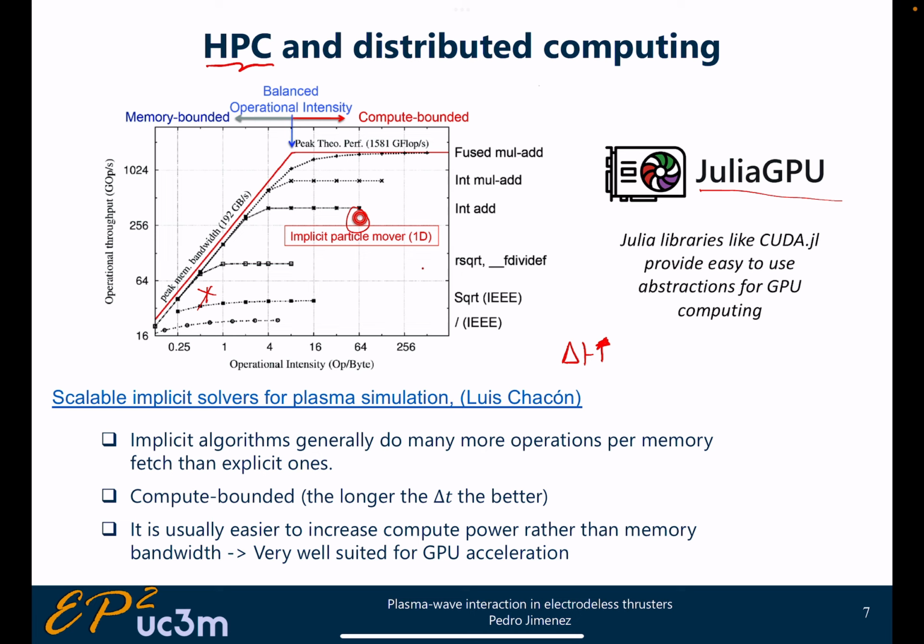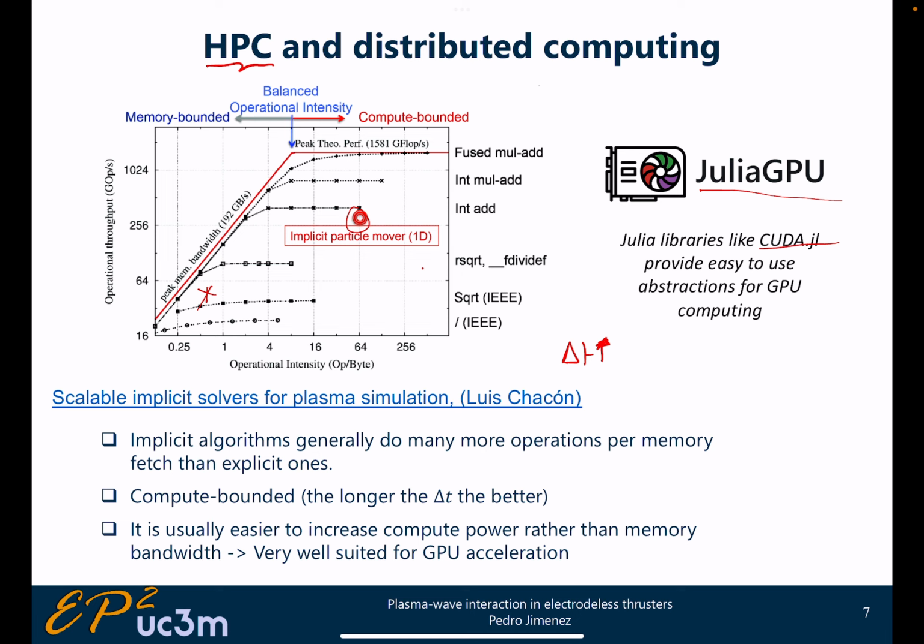We are already exploring this. So we're using Julia for the library we are developing, and we have started looking at some Julia libraries that provide high-level abstractions that make your life really easy, because until a few years ago it was really difficult to use GPUs.